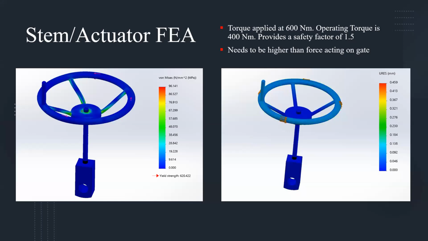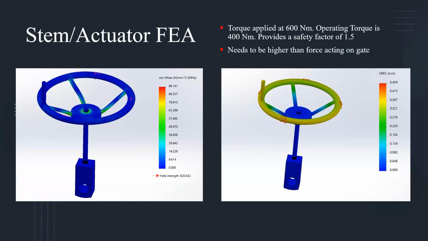So this slide is about doing the finite element analysis of the stem and actuator. We need a higher force than the one acting on the gate to make sure the stem and actuator are working properly.